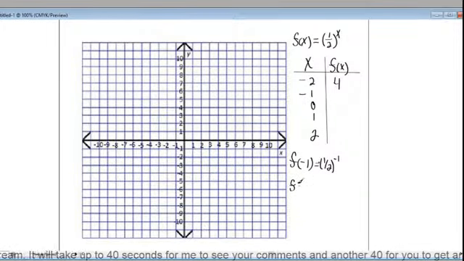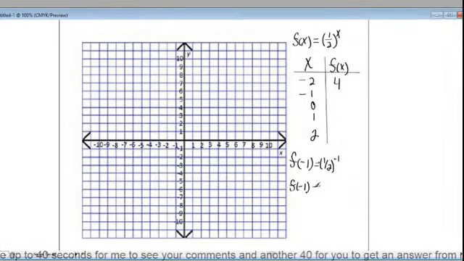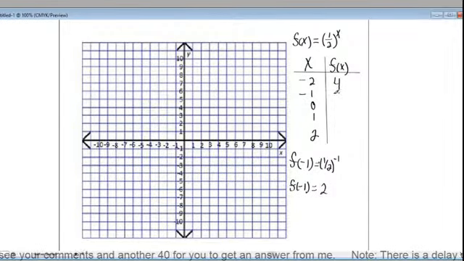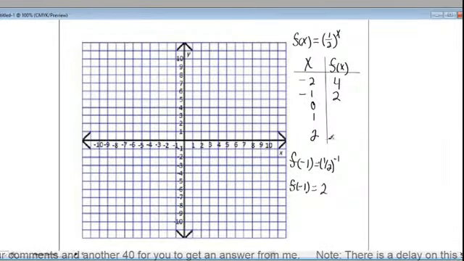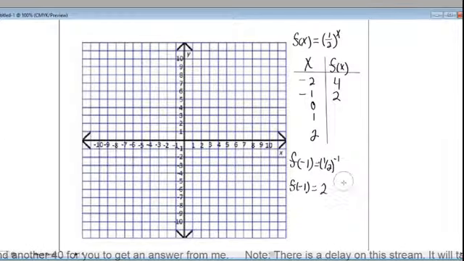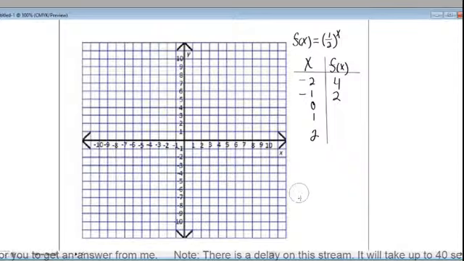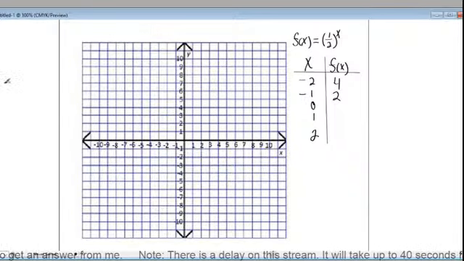So f of negative 1 equals, well, if we flip this, that's just 2 over 1, or 2. And that's it. So we get 2 here. Okay. 0's easy. Anything to the 0 power is 1. So I'm not even going to bother calculating that one.